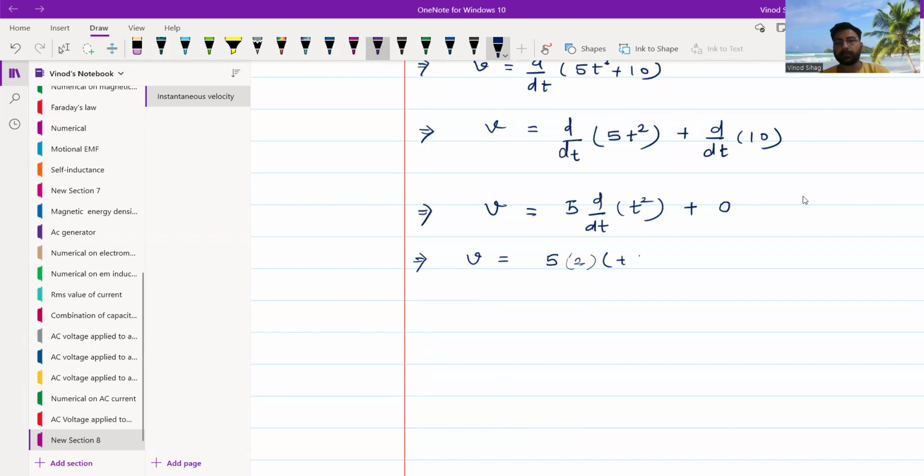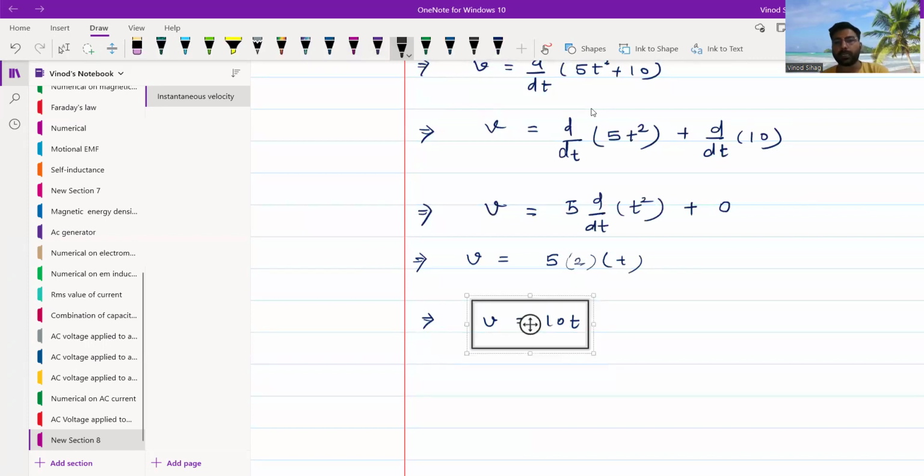No need to write that. Okay, so the instantaneous velocity is v equals 10t. So that is the instantaneous velocity of that particular object at any time t.